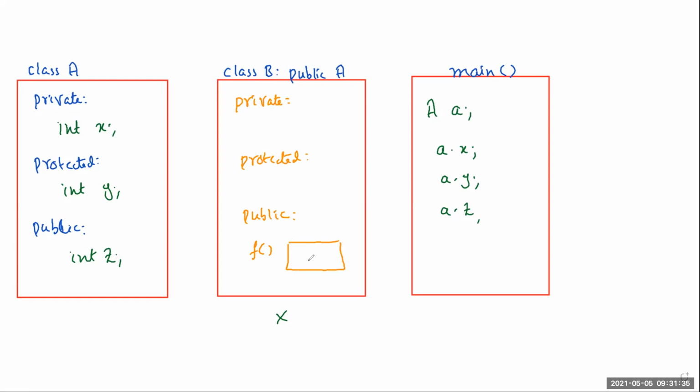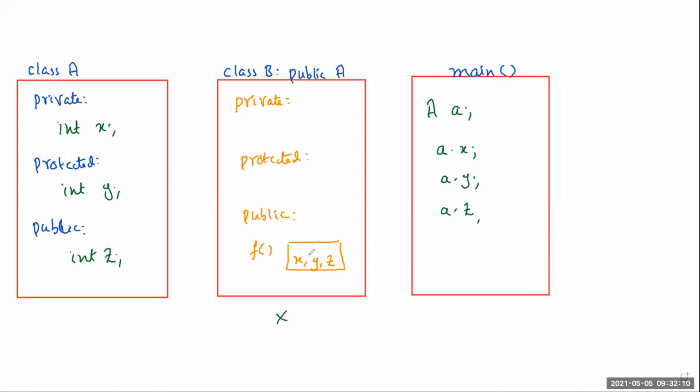Now you tell me, this function can access which data of the parent class, out of x, y, and z, which of these three the function can access. The function is in the child class. Let's first answer this and then we move forward. Yes, I think all of you are able to guess. Protected and public. Very good. It means it can access y and z. That we also know. Y and z.